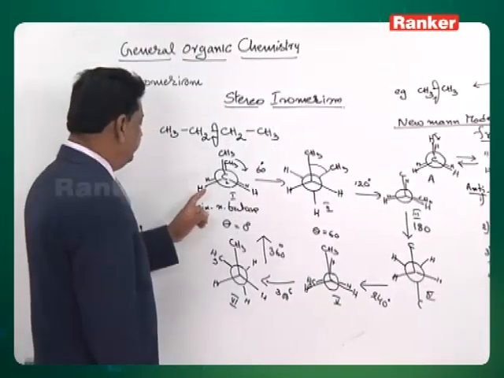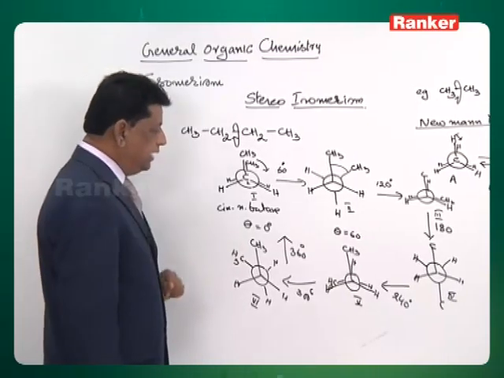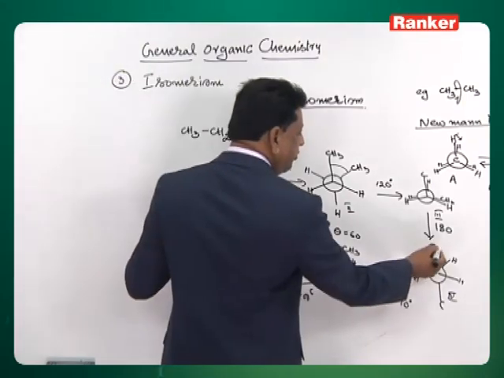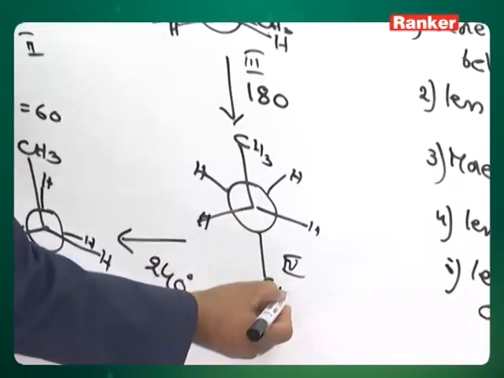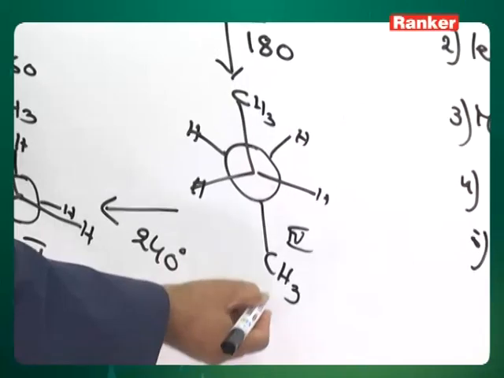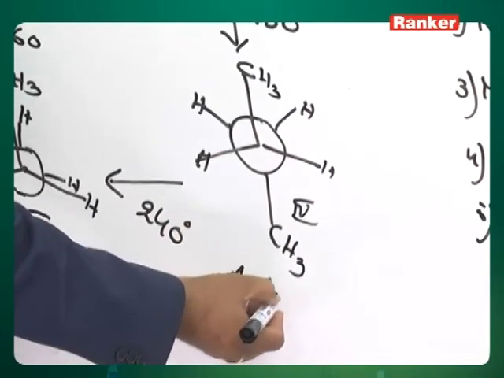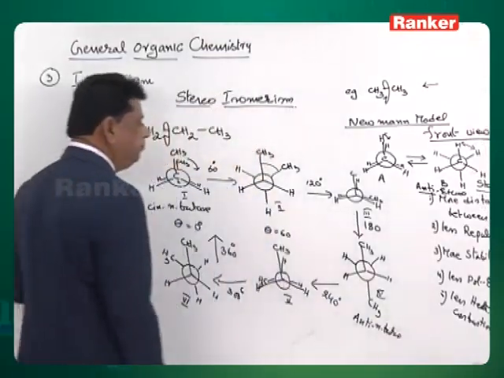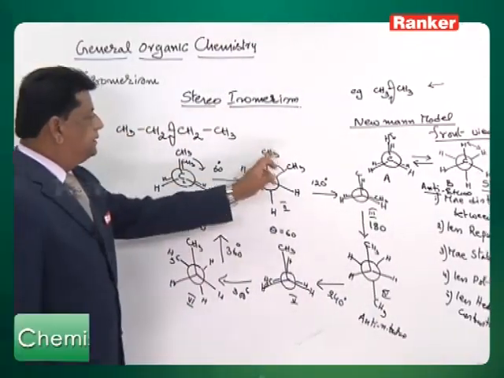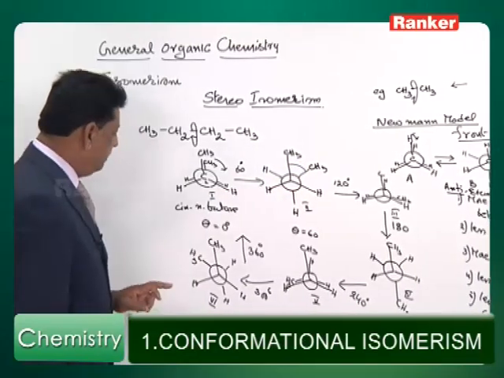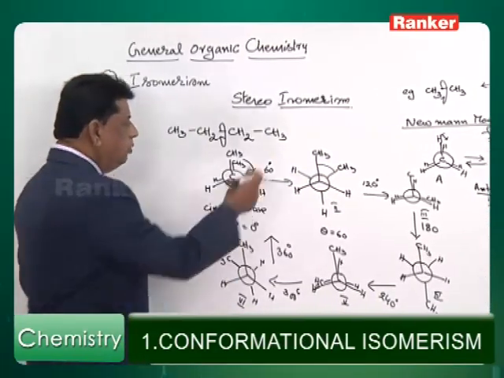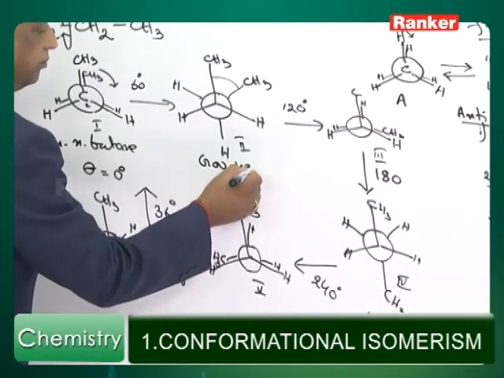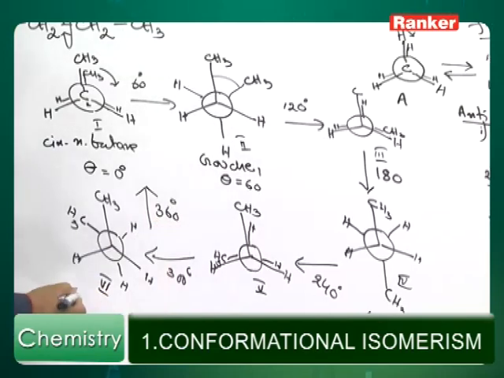The first one is called syn n-butane, and the opposite one, where two methyls are exactly opposite, is called what? Anti. The sixth one is called anti n-butane. Now the methyls separated by 60 on the right side and 60 on the left side are both called Gauche conformers. Gauche 1, Gauche 2.